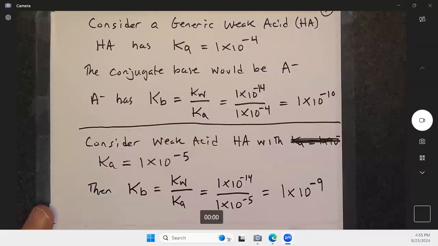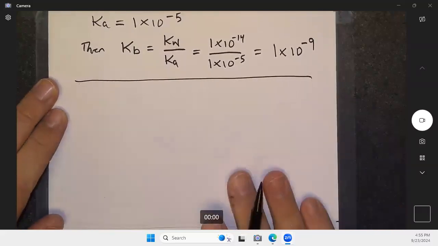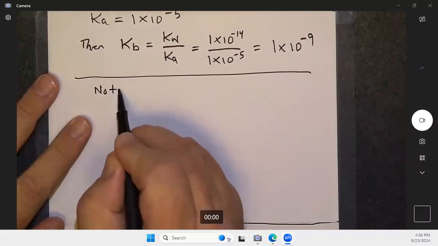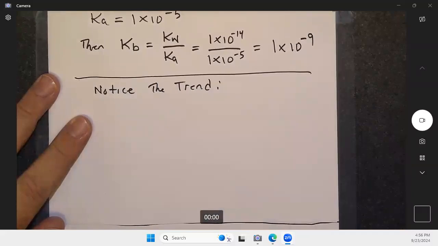So let's take a look at something else. It's in your book. So notice the trend.